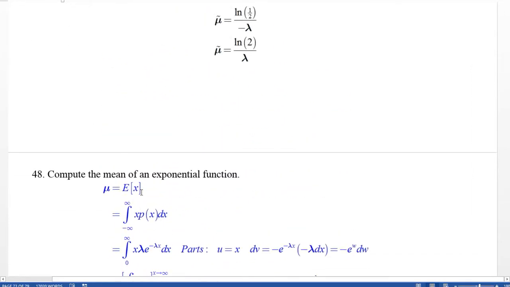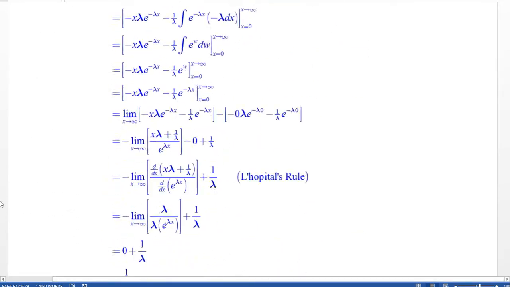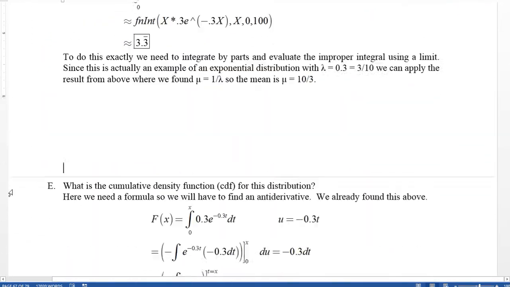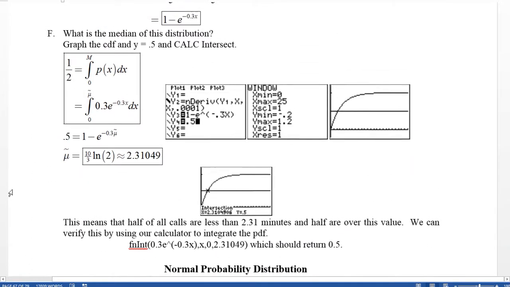I don't know if I did the median. Yeah, here I did the median. It's natural log of 2 divided by lambda. I did that in general earlier. For a general lambda, you can follow the details in an earlier video, and that's 1 over lambda, which is 10/3, times natural log of 2, or approximately 2.3.